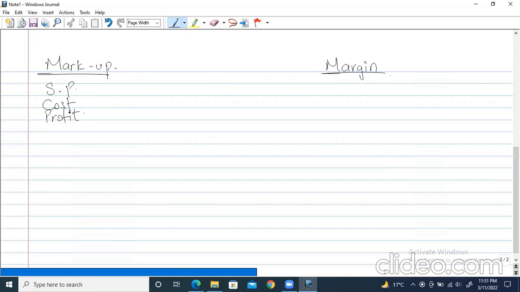Now there are two things similar, two things fixed over here, right? Let me write this over here as well, because these are the two factors. These are the same that we have to look at in both margin and markup. Now in markup, first I'm going to talk about markup, and after that I'm going to go towards margin. In markup, always remember the fixed figure over here is cost.